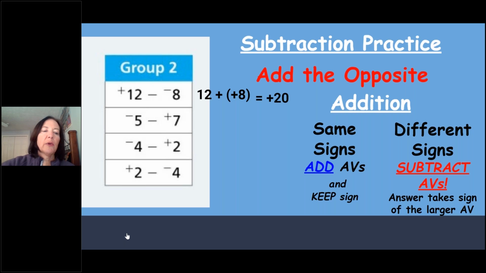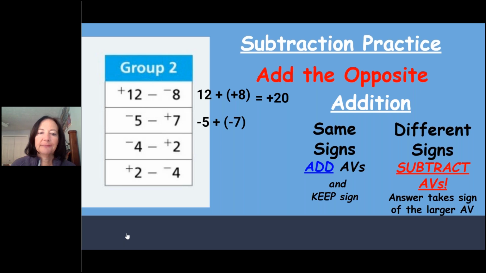Help me rewrite that one, adding the opposite. So it'll be a negative 5 plus negative 7. It will. And so what does that equal? A negative 2. Do it again.